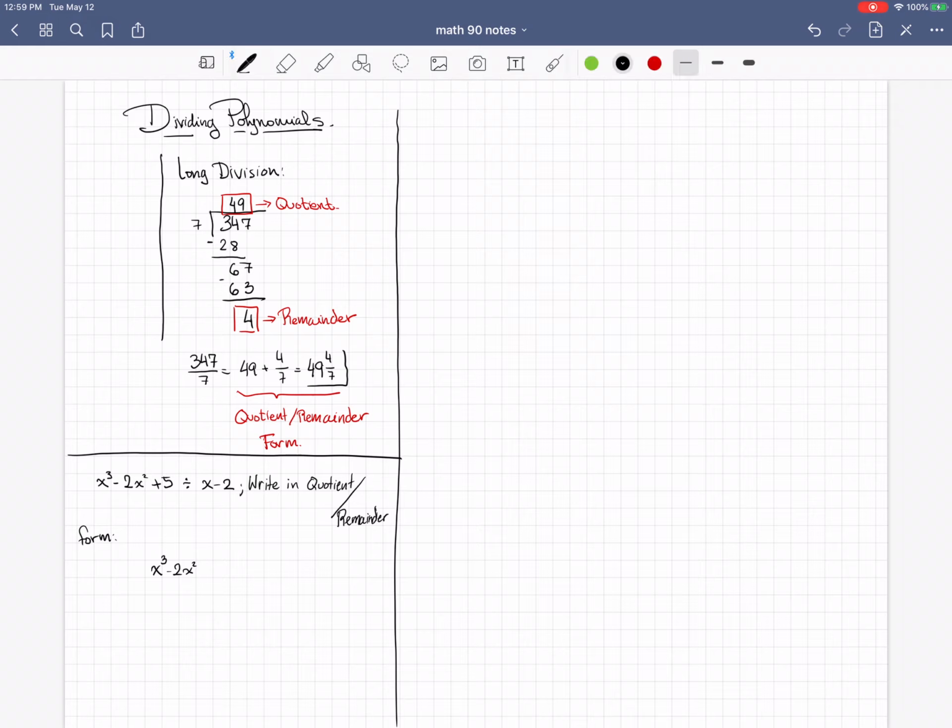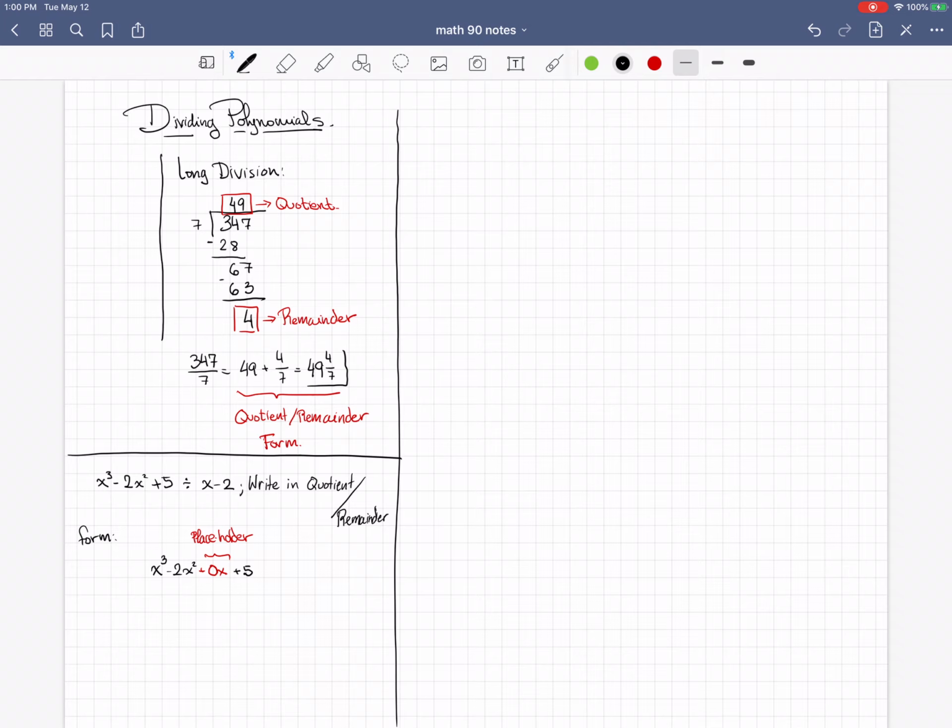So what I'm going to do for our long division is leave a little space. And if you want, you could even write plus 0x. This is kind of a placeholder. I'm going to write that there just to remind ourselves that this is where the x term would have gone.